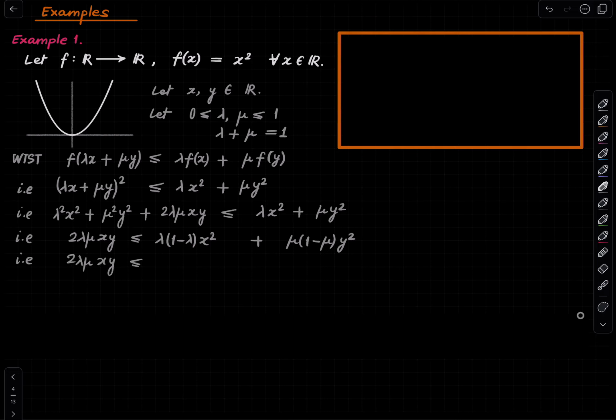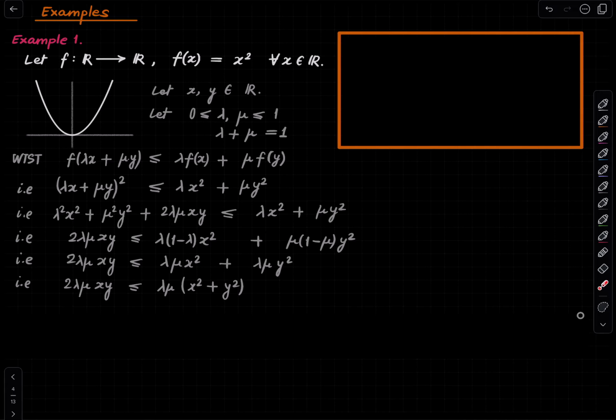So lambda times mu x square plus mu times lambda, which is same as lambda times mu, times y square. All I'm using is that 1 minus lambda is mu and 1 minus mu is lambda. Okay, so we have lambda mu coming as common. Right, this is what we want to show.